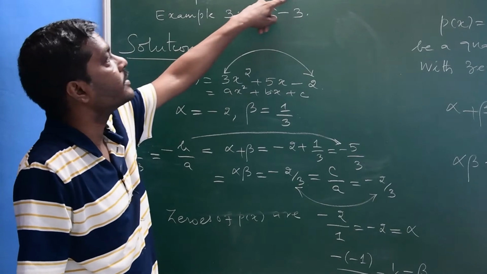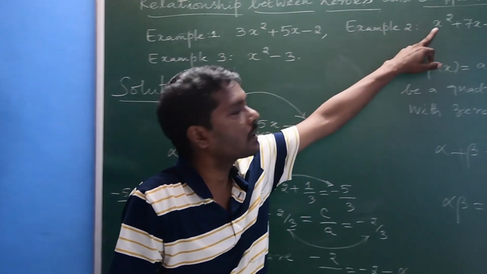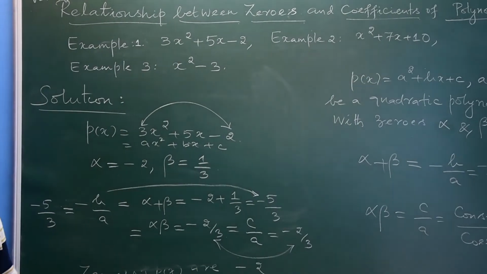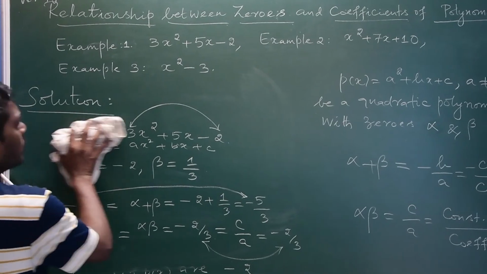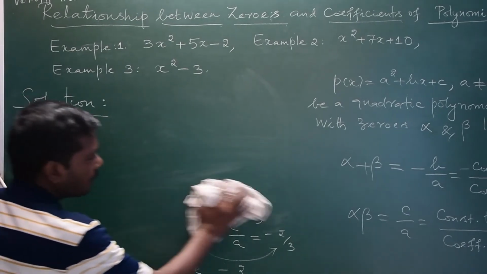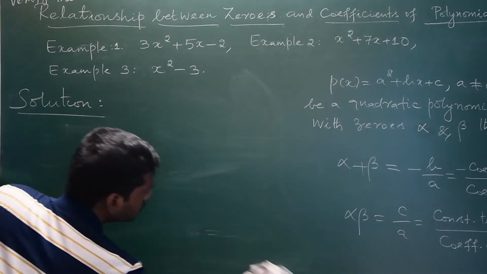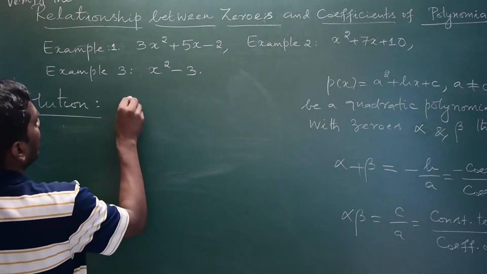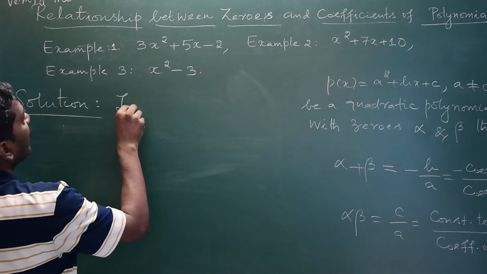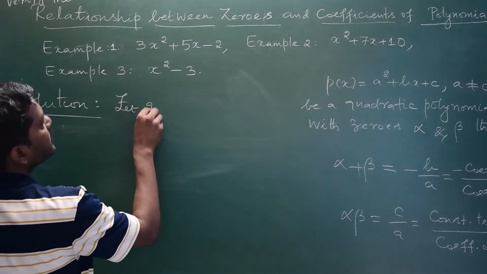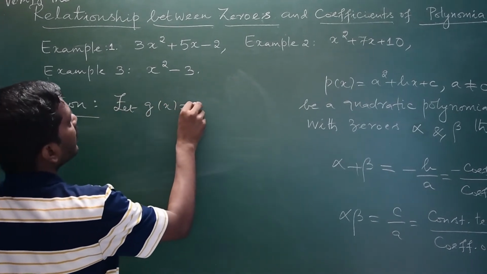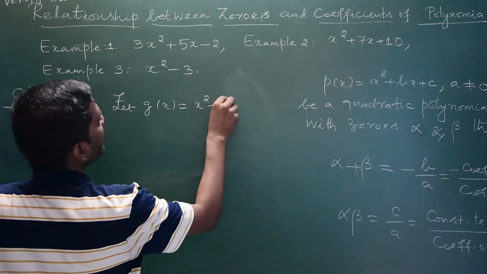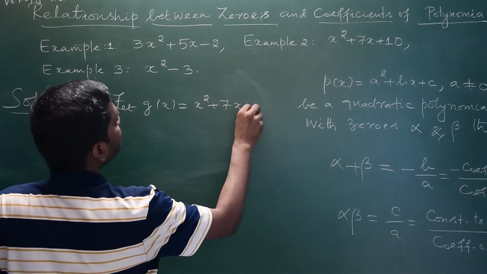Okay, that was example 1. In a similar manner, we are going to do example 2. Call this polynomial, say, g of x. Let g of x be x square plus 7x plus 10.